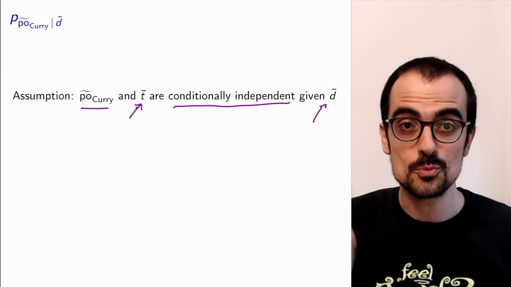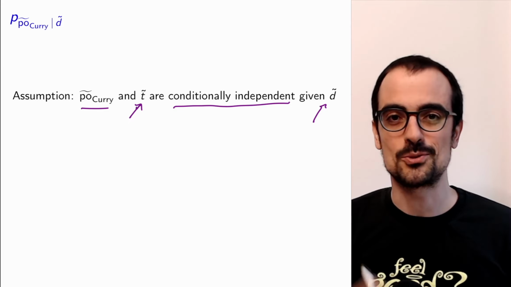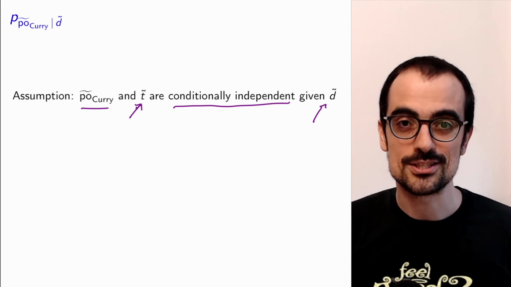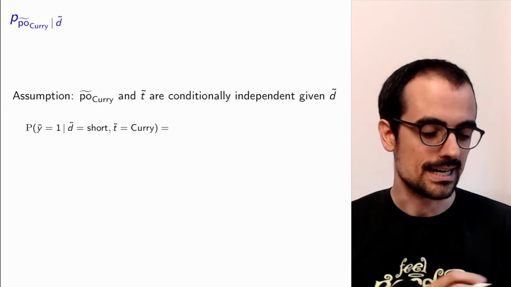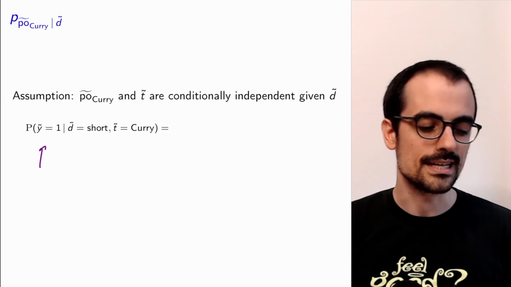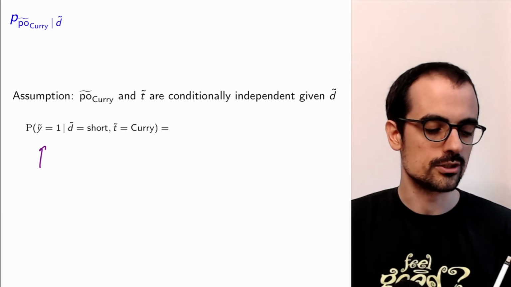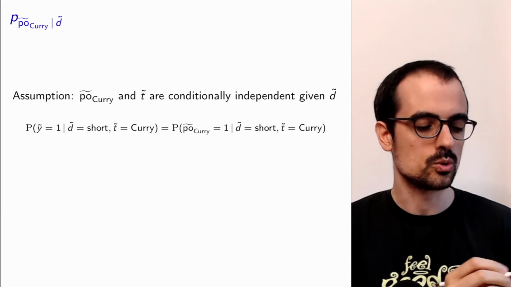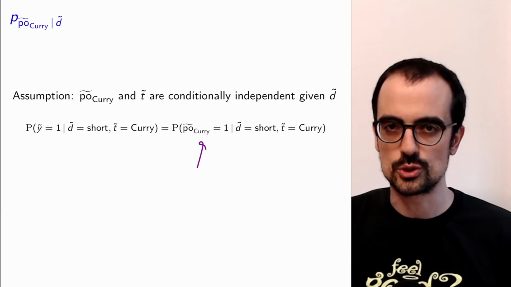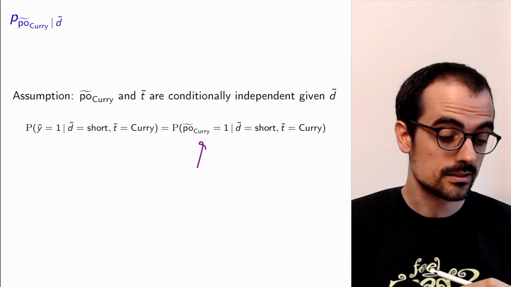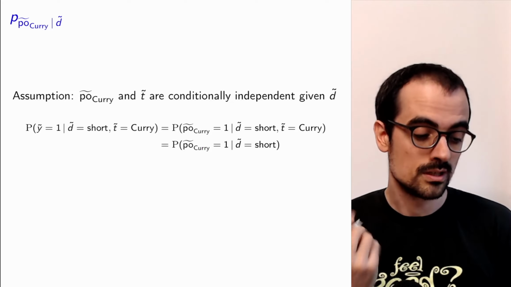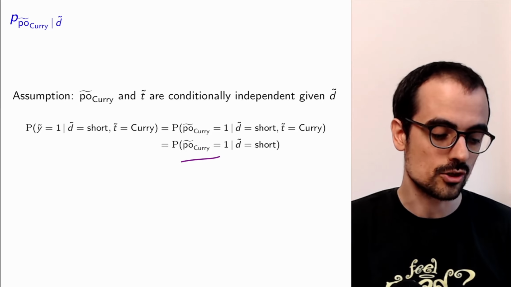Okay? If we assume that, and we'll come back to this assumption in a moment, then we see that the observed percentage for Curry when he's shooting short threes by definition is equal to his potential outcome when he's shooting short threes because we observe them. But now because of independence, this is also equal to the potential outcome just conditioned on the distance.